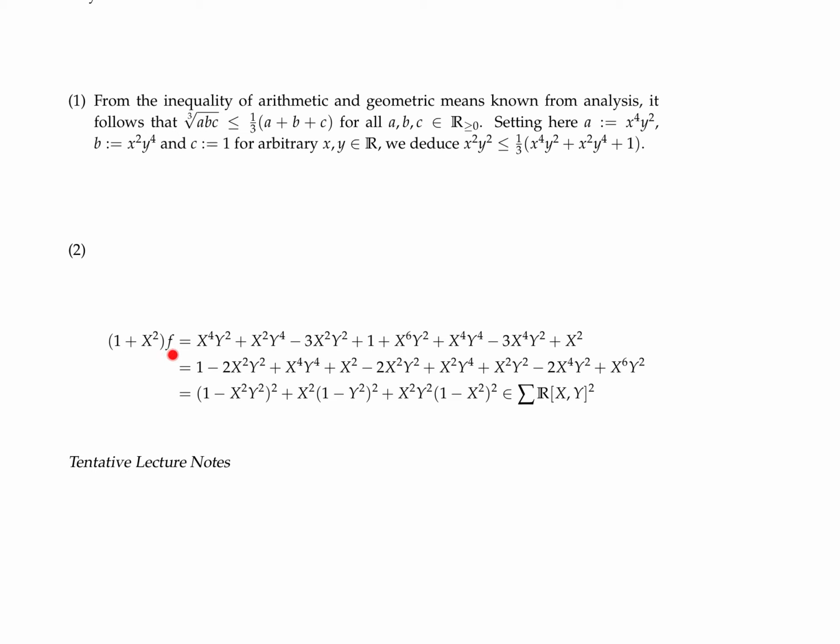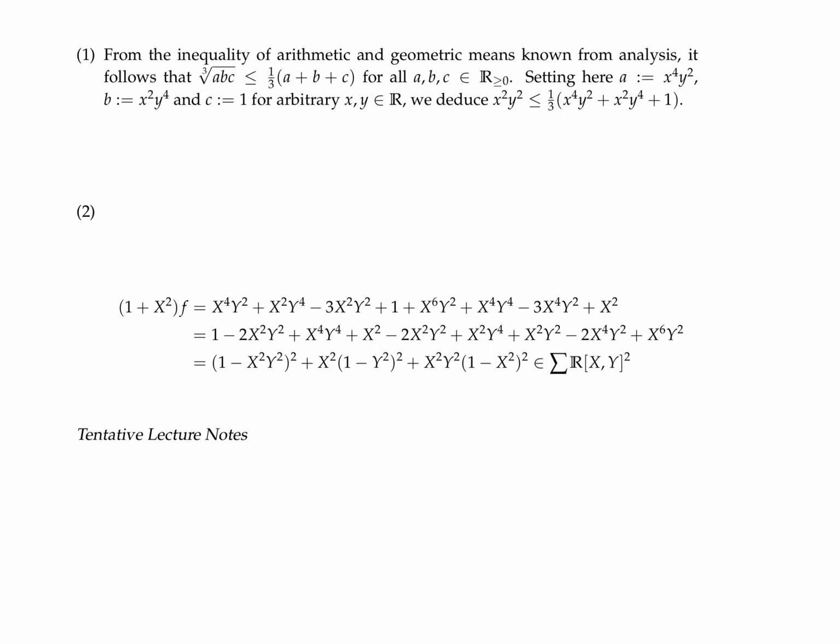And that's also enough, because when I evaluate f somewhere, I know that 1 plus x squared will evaluate to something positive, and something positive times the value of f is non-negative. So I know that f is non-negative everywhere also.